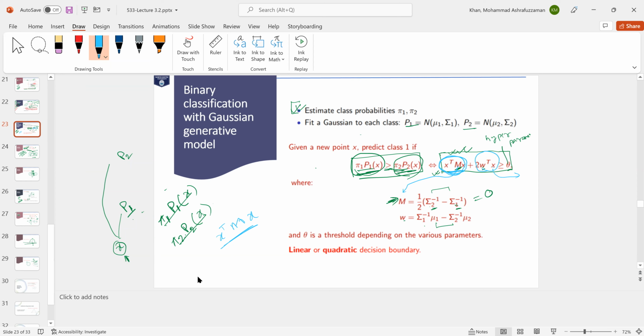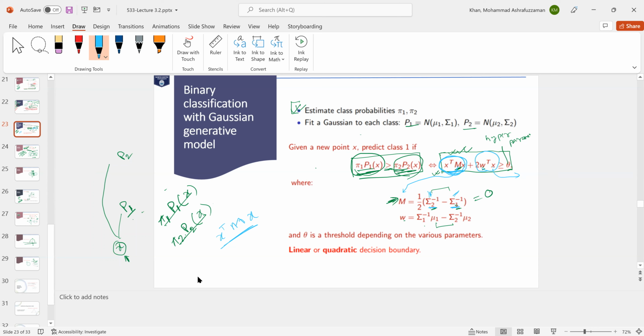Now this is M. So we see that the quadratic term will come if the features are not really independent. That means, in other words, if the covariance matrices are not the same.